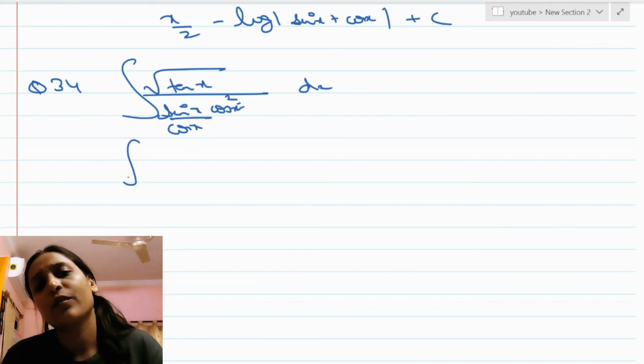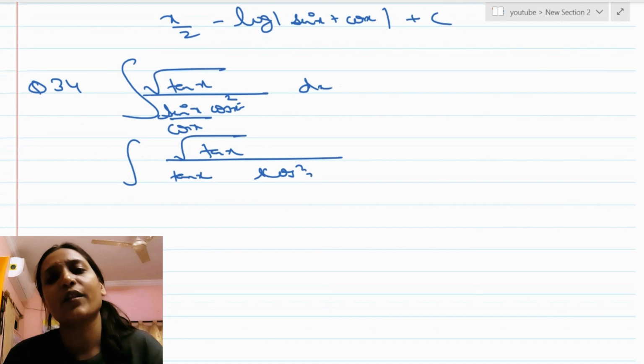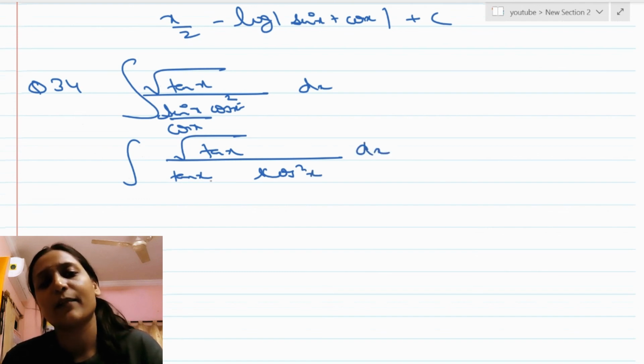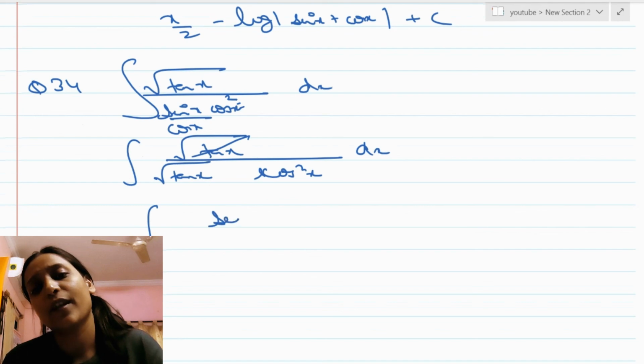This is going to be root of tan x divided by tan x times cos square x. If we take the cos square x, it becomes secant square x on top, and root tan x can be written as, this would cancel and this would become a root. So this is secant square x divided by root tan x.